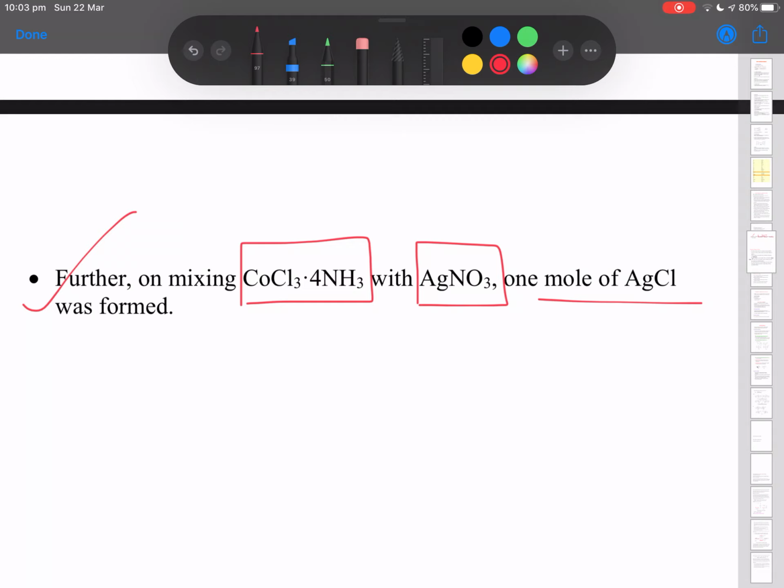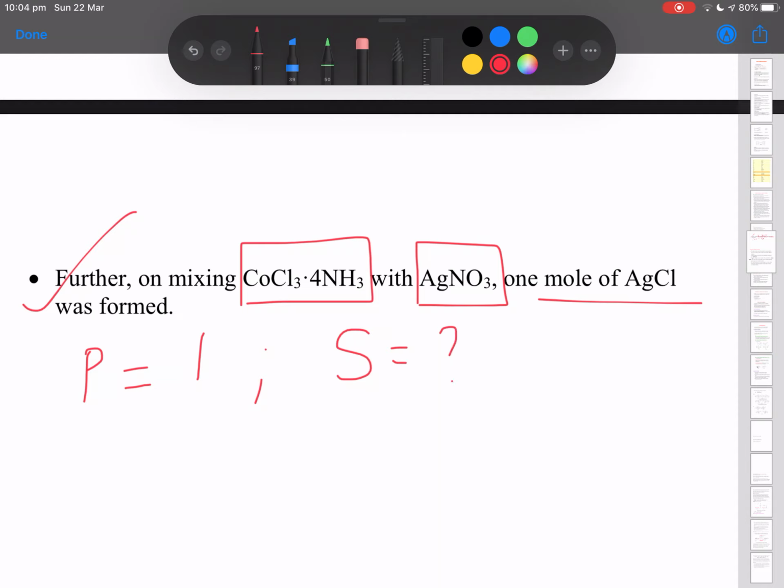So when 1 mole of AgCl got precipitated out, it means that only 1 chloride ion is acting as a counter ion, wherein 2 chloride ions are not acting as counter ions. They indeed behave as ligands. So what is the primary valency here? Primary valency should be 1. What should be the secondary valency here? We are going to find it out.